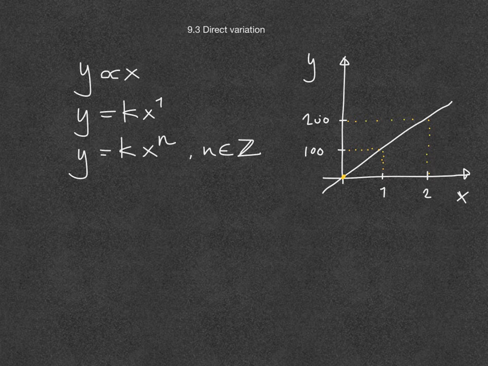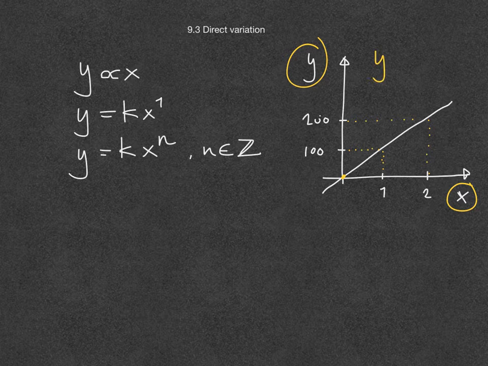So the pay is directly proportionate, or it varies directly with the number of hours. So y here would be the money you get, and x is the number of hours you work. And k is simply the number that you have to multiply x with to get y.